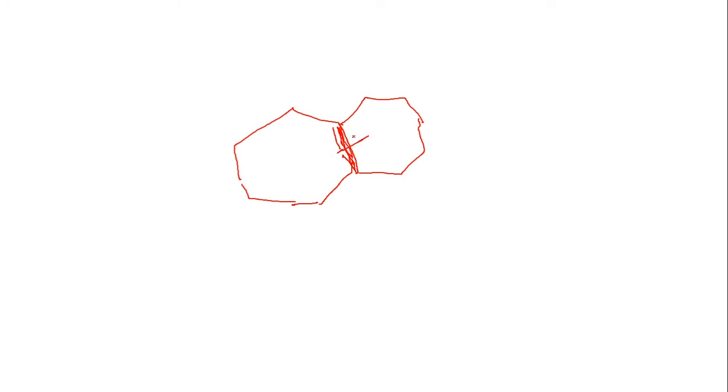These are the plasmodesmatal connections which are present in every cell. This is the primary wall, and on top of the primary wall, or inner to the primary wall, is the secondary wall. This we have seen when we learned the basic structure of the layers of the cell. Now our interest is to learn how this middle lamella is formed.